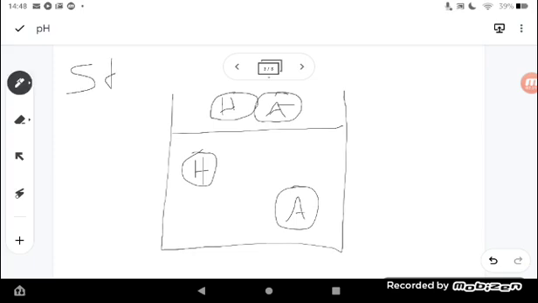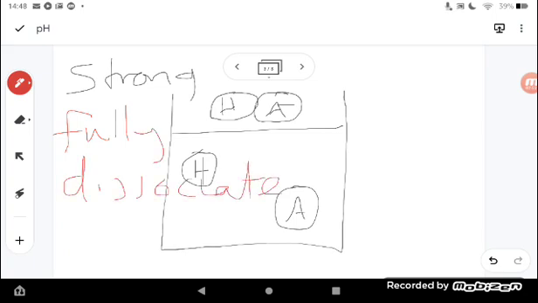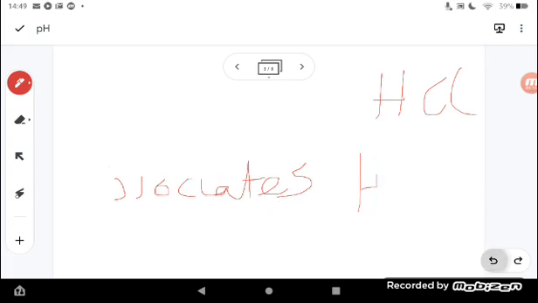The reason this is a strong acid is because it has a definition, and the definition of a strong acid is it fully dissociates the proton, and the proton is the hydrogen ion. So if I've got hydrochloric acid, once it goes into the water, it becomes H plus and Cl minus. They have nothing to do with each other again. It's basically like a strong breakup, right? Those two ions will never see each other again.